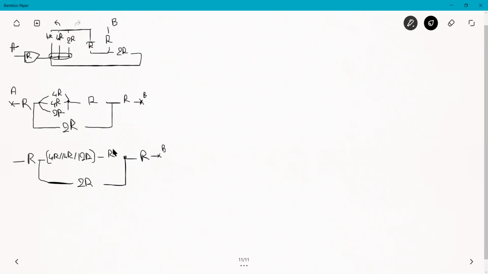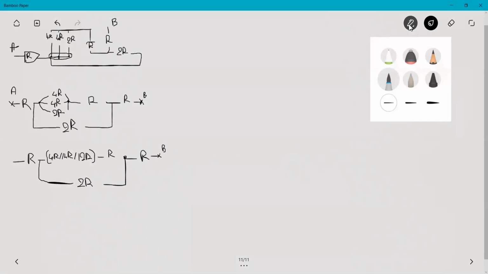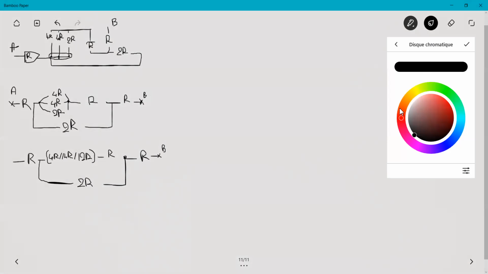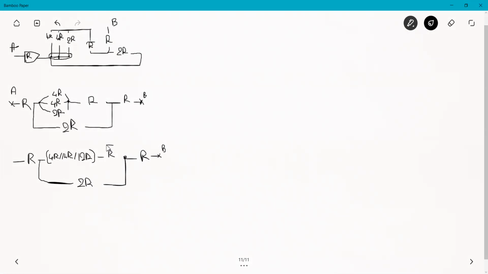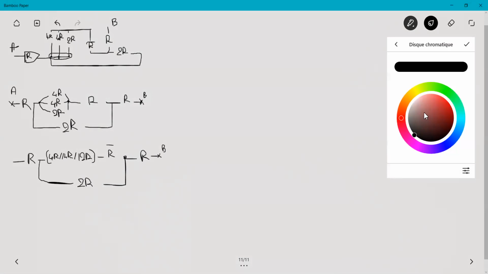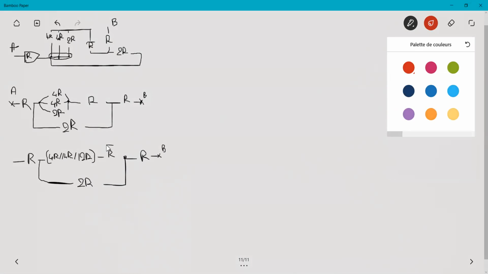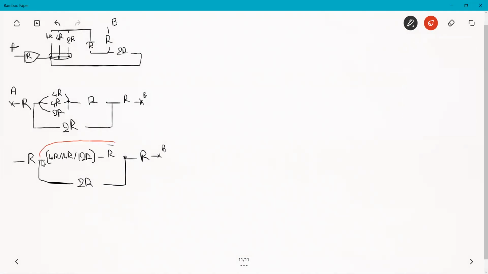Okay, so what you're going to do is say that these two here are in series. Why? Because you have some current entering here, spreading between this branch here and this branch here.